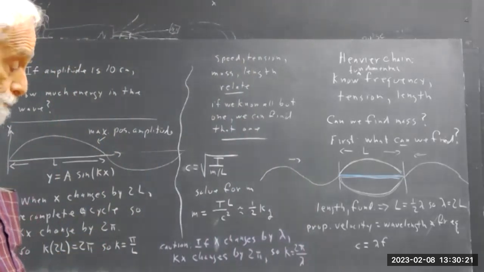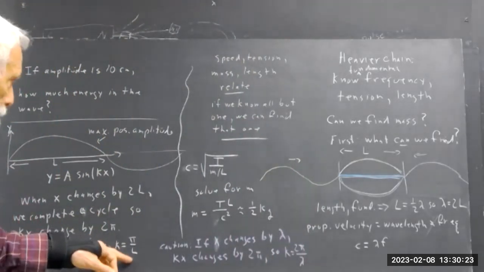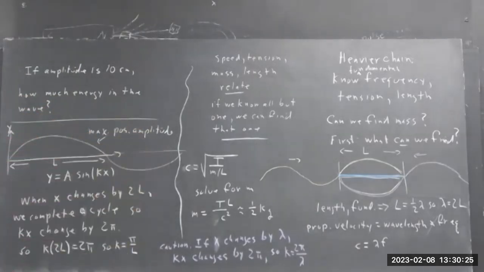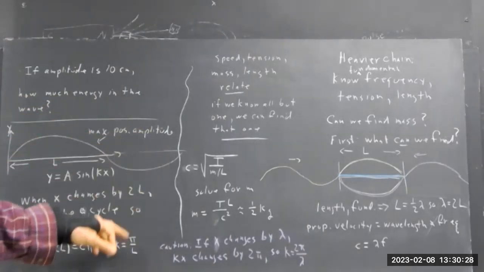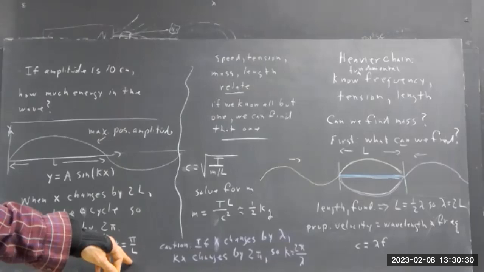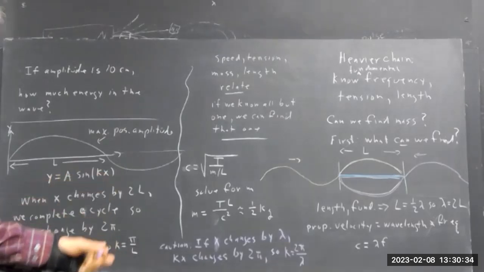Okay. So this special case where L is half of lambda, it's actually pi over half of lambda, which is 2 pi over lambda.